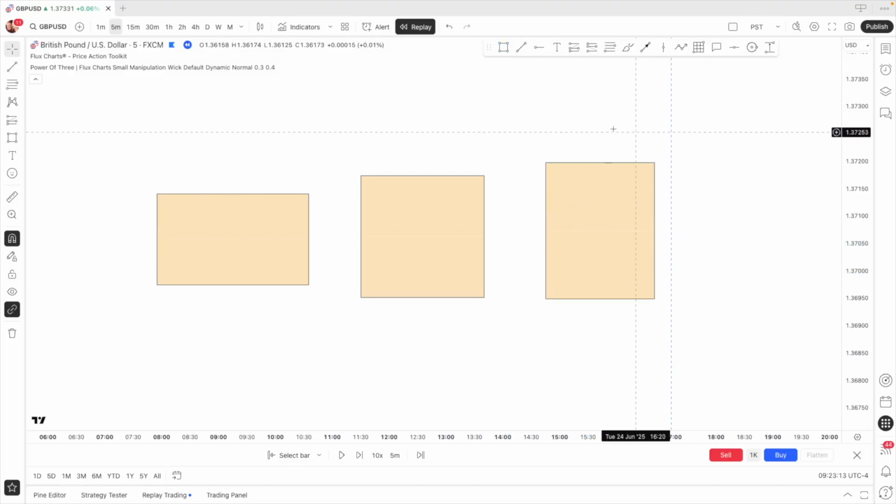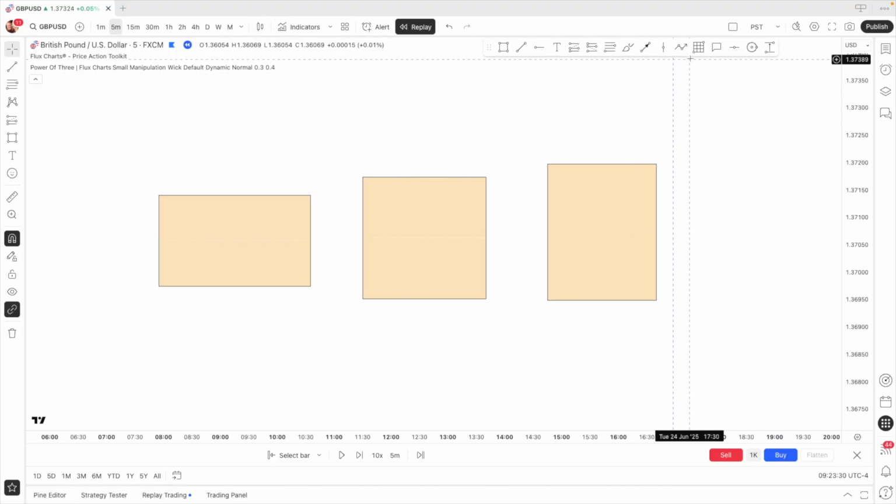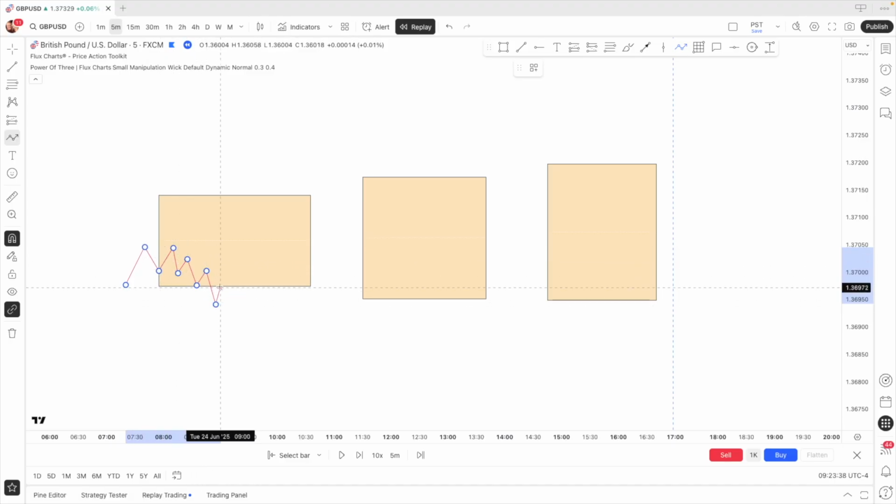So with the tools that I'm going to show you today, we are going to wait for a power of 3. So what is power of 3? It's accumulation, manipulation, and distribution. So how this looks, if we have price, for example, going into the Asia session, we are going to have a manipulation before we have the distribution.